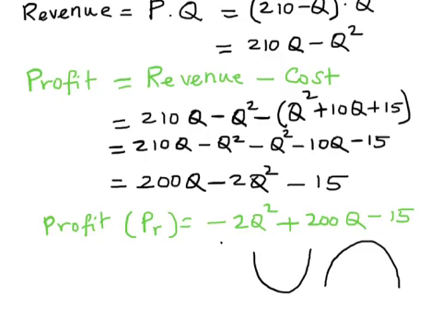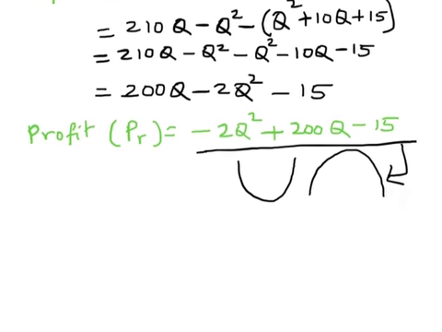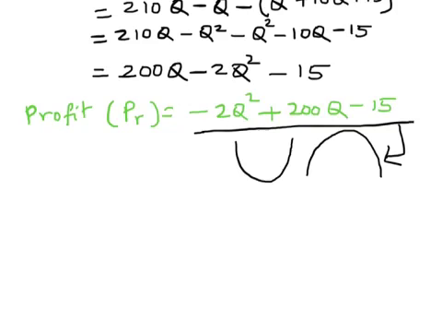So we know that the parabola for this expression would be the inverted parabola. What that means is, let's take that parabola and try to study that a little more.